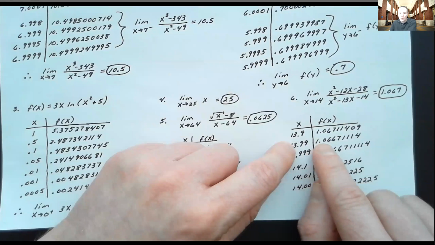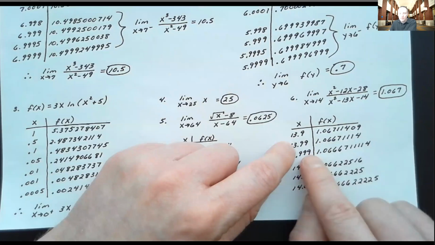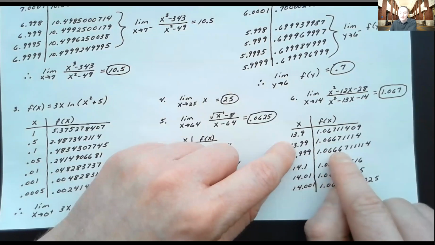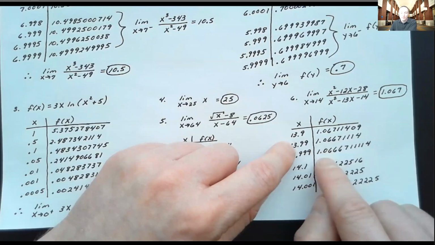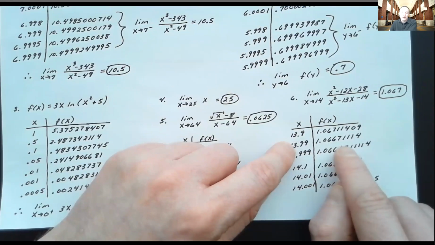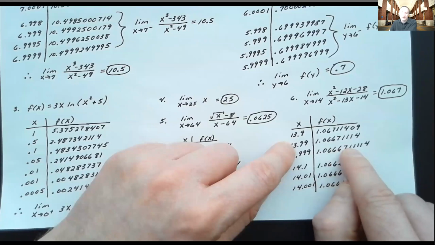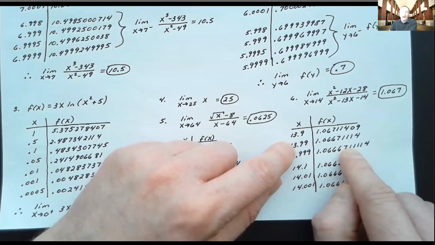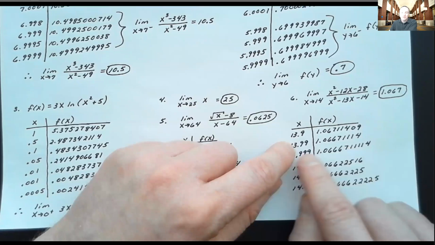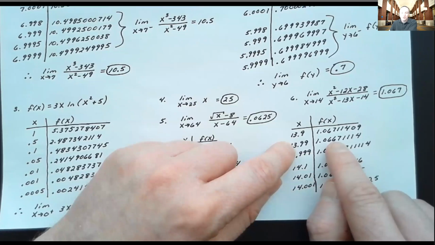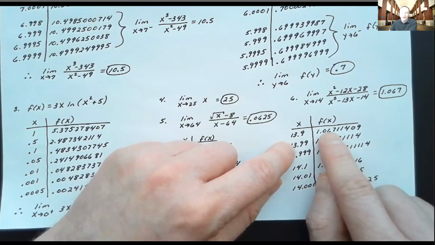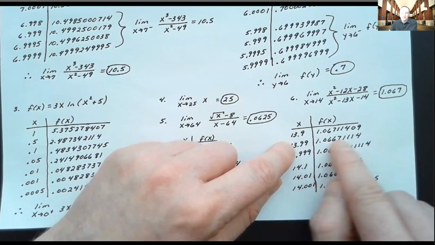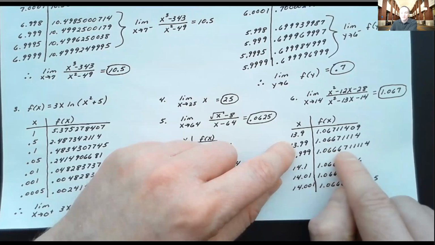Well, it's 1.066, 1.066, and then I have another 6 before this 7. So I can already see a pattern. Each time it's just going to add an additional 6 between this 6 and this 7. Notice I had 6, 7, and then 6, 6, 7, and then 6, 6, 6, 7.